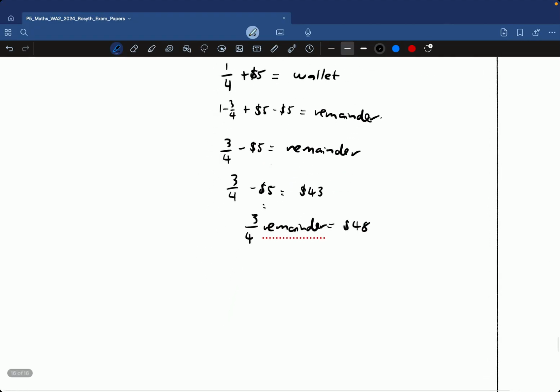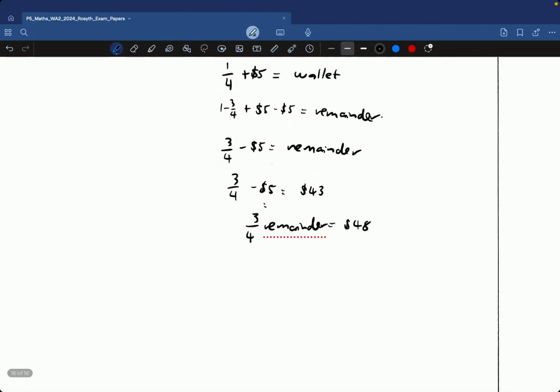If you want to get the whole remaining money, we basically need to divide this by 3 out of 4. Dividing by 3/4, we flip it to 4 out of 3, which gives us one whole.